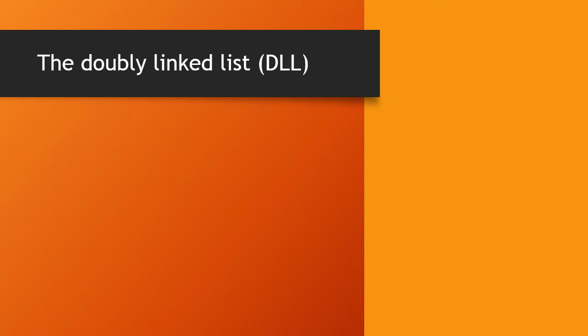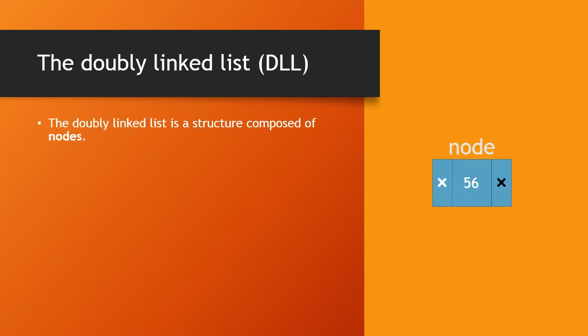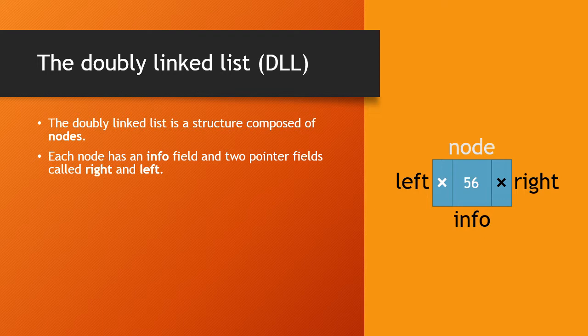The second advanced data structure in the linked list family is the doubly linked list. A doubly linked list is a structure composed of nodes, but the nodes are different here. Each node has an info field and two pointer fields called right and left.